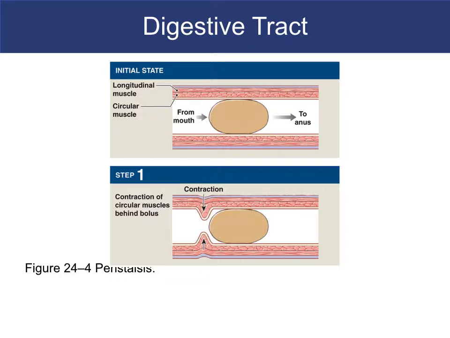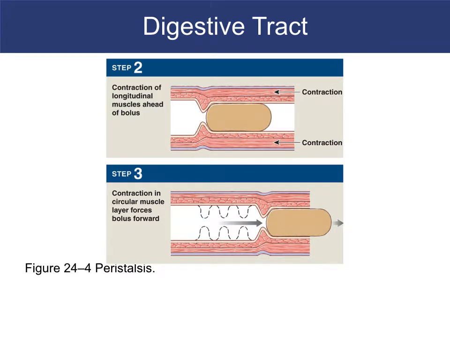And then the longitudinal layers contract and basically pull the outer layer in the opposite direction. So it pulls that way, and then the inner circular layer contracts here, contracts there, and gradually this little bolus or piece of stool or whatever you want to call it gets pushed on downstream.